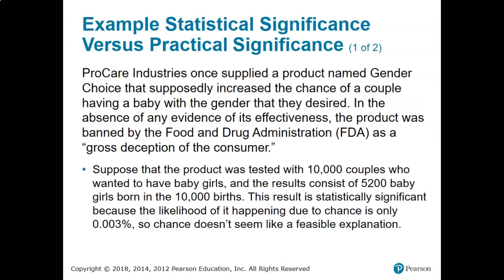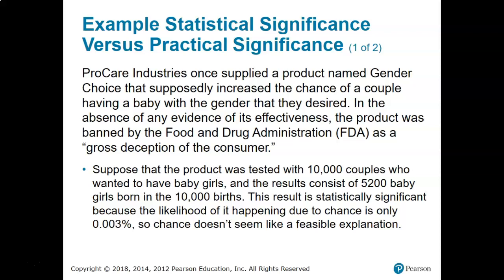Okay, so here we have ProCare Industries once supplied a product named Gender Choice that supposedly increased the chance of a couple having a baby with the gender that they desired. So in the absence of any evidence of its effectiveness, the product was banned by the FDA as a gross deception of the consumer.